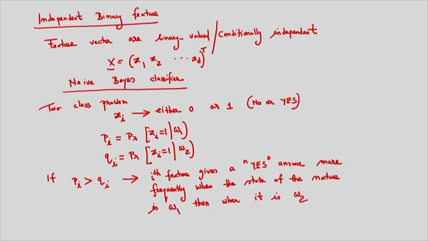So if the probability pi is greater than qi, this ith feature gives a yes answer more frequently when the state of nature is omega 1. That means it is favoring the class omega 1. This is the meaning of this probability. So we are determining the probabilities Pi and Qi, and based on these probabilities we can take a classification decision.